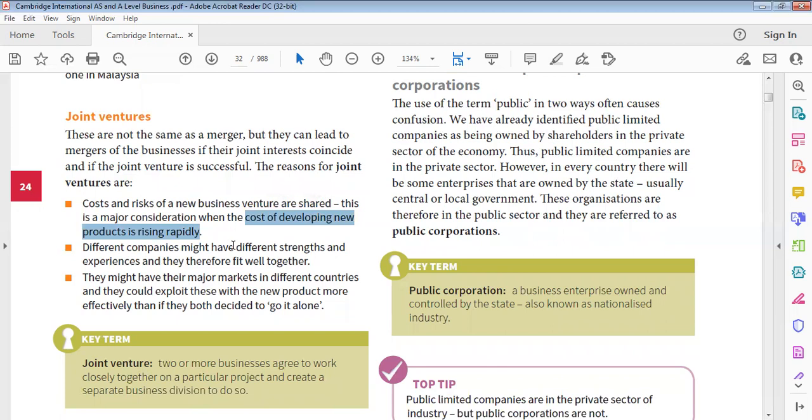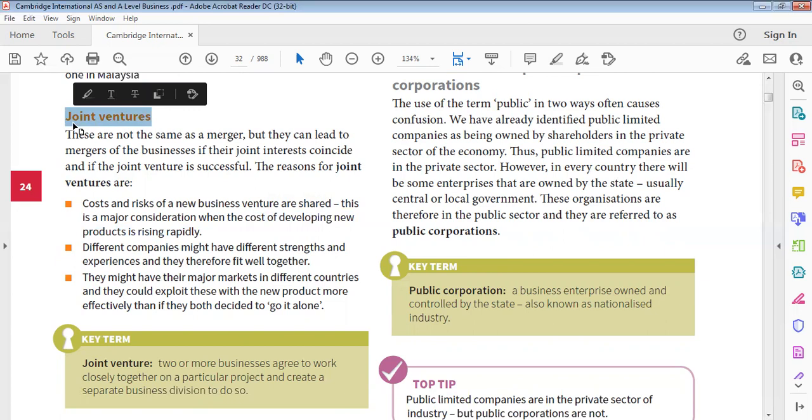So what you do is you approach the other company. Let's say you are Sony and you produce PlayStation, and the other company is Microsoft. They produce Xbox. Maybe you don't like each other, so you don't form a merger, but you want to work together. So you form a joint venture.